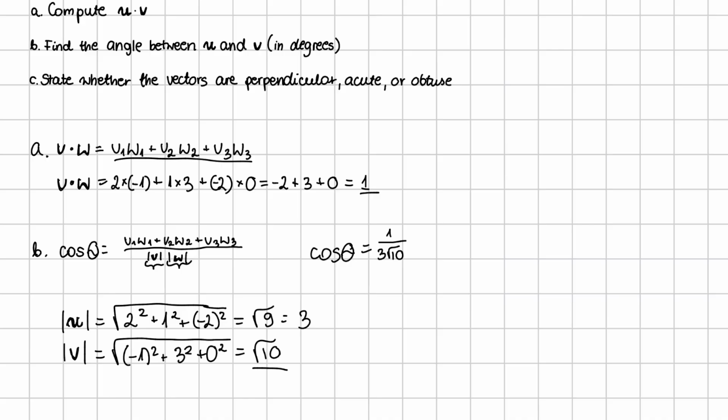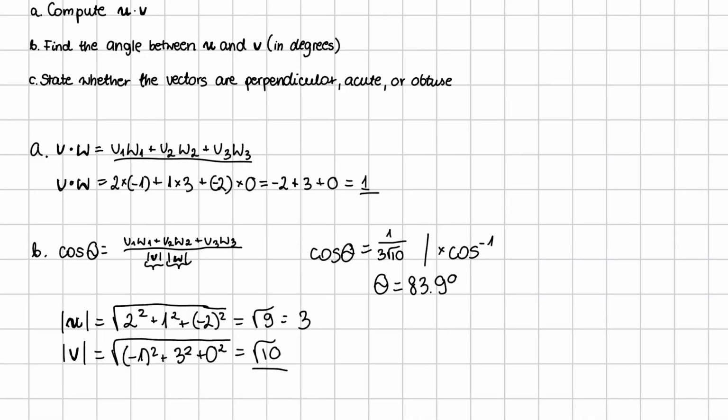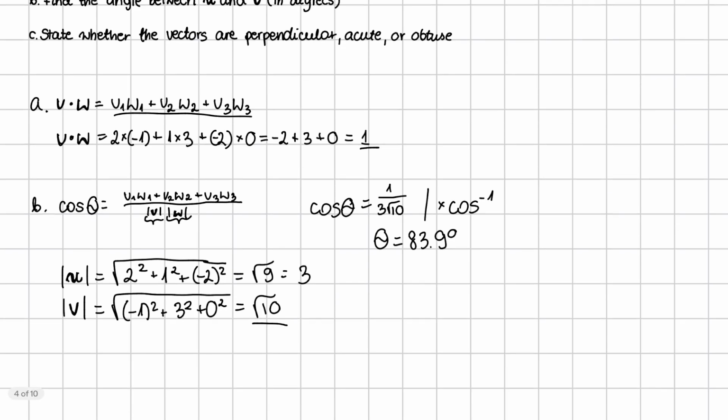Now we can calculate theta either by typing it into the solver or by applying inverse cosine to both sides, and our angle is 83.9 degrees.